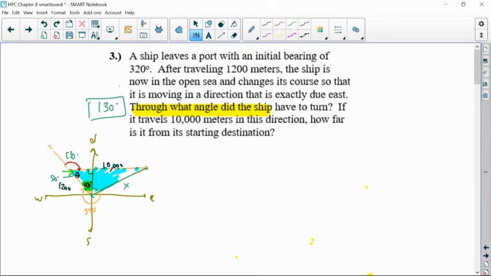So when I'm sitting in side angle side, I know I can solve using law of cosines. Okay, and so I'm going to say x squared is equal to 1200 squared plus 10,000 squared minus 2 times 1200 times 10,000 times cosine of 50 degrees.